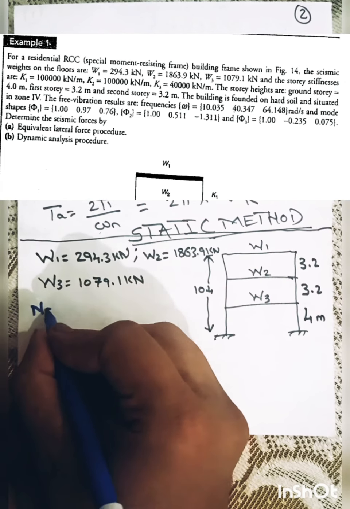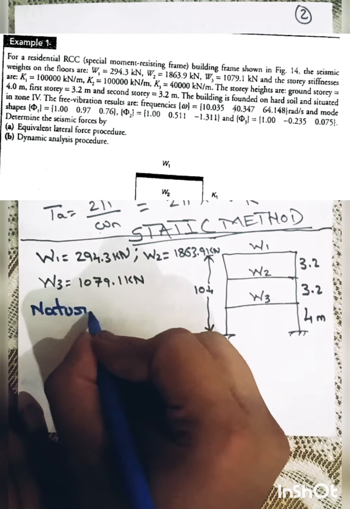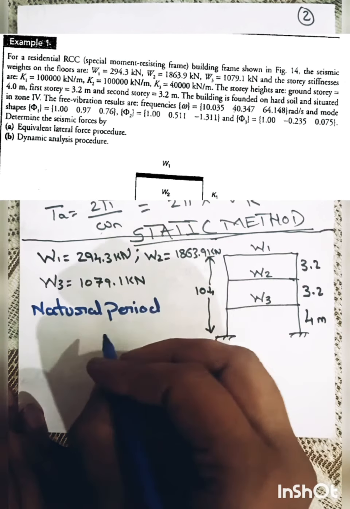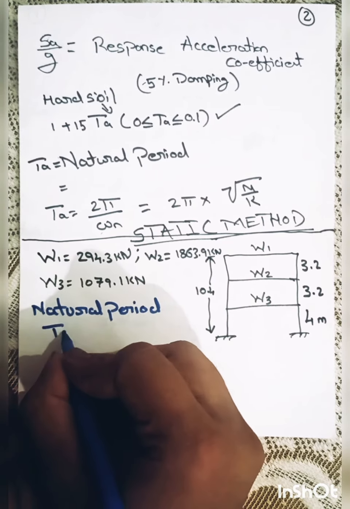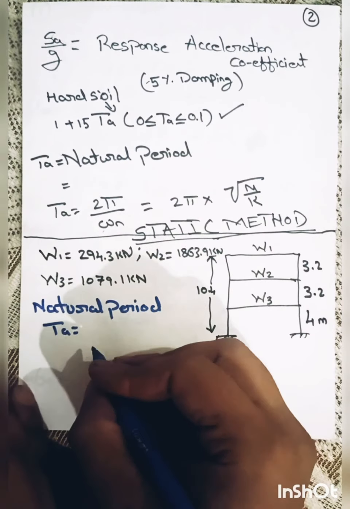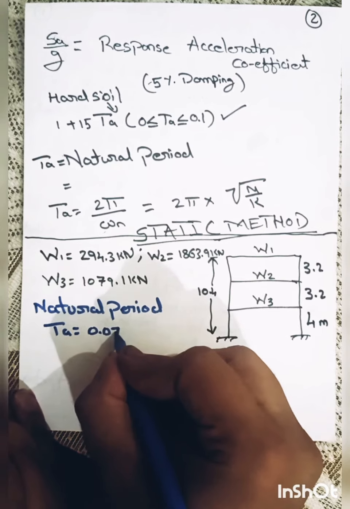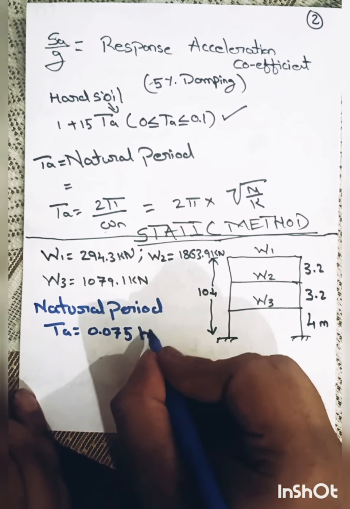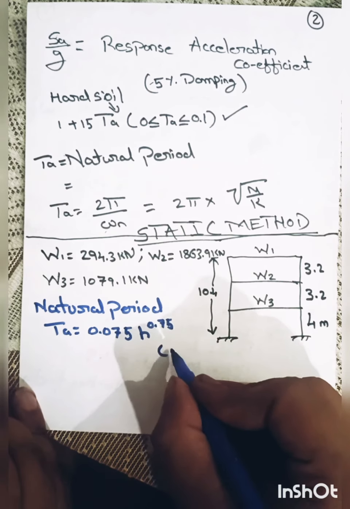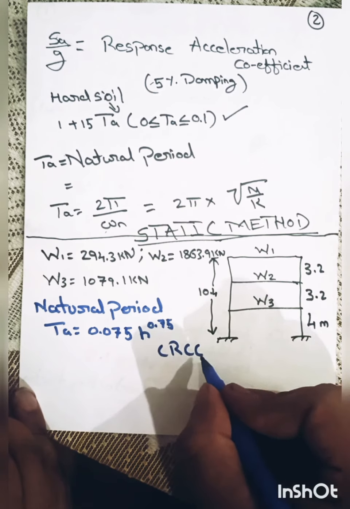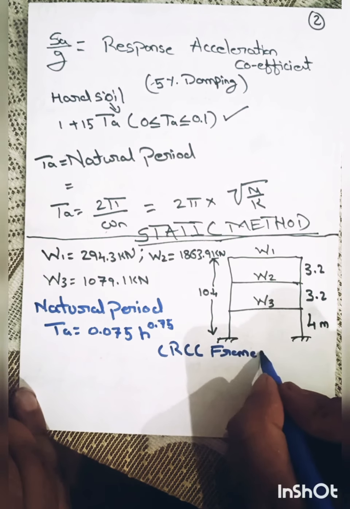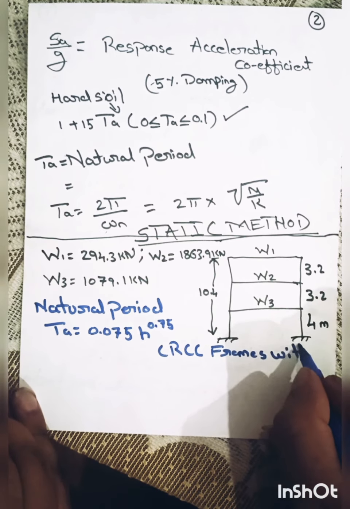Natural period, I will write it down here. Ta is given by 0.075 h raised to 0.75. It is for RCC frames without infill.